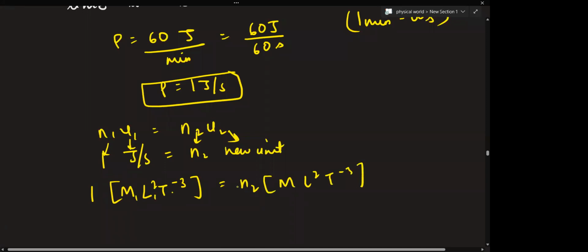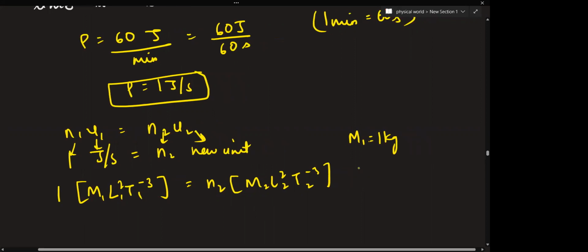This is 1, 1, 1. This is in system 2 you have. Now M1 is what? M1 is given to you, 1 kg, because it is in the SI unit. So it is 1 kg only. Now L1 will be what? This will be 1 meter and T1 will be 1 second. SI unit is fixed.